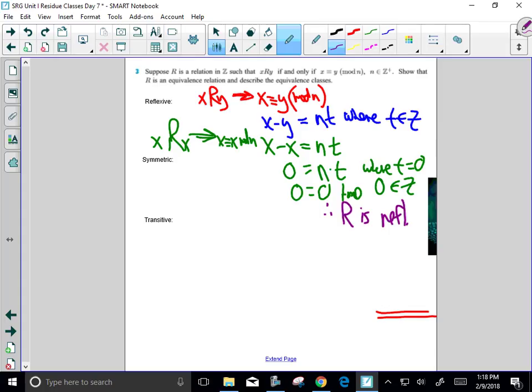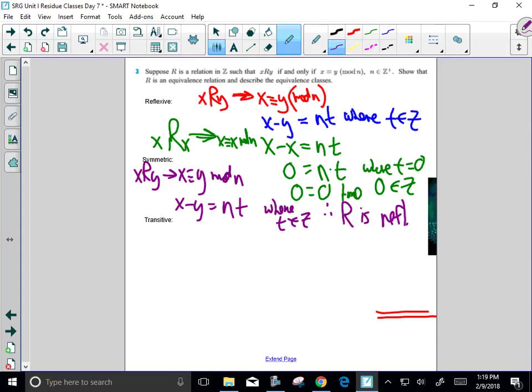What do you start with? Yep. So we're going to start with X R Y again. X R Y implies X is congruent to Y mod N, or X minus Y equals N times T, where T is an element of the integers.